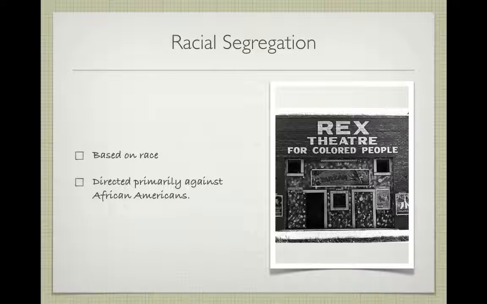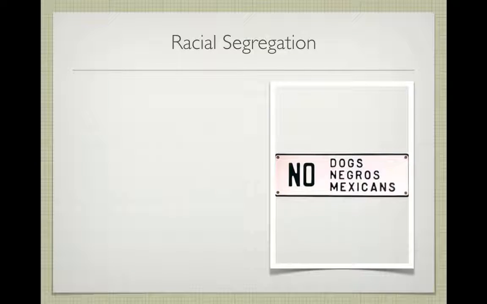The idea was to keep blacks and whites separate. There was a thought that if the two mingled, there would be issues between both of them, and they would never get along. And that was a case of long, drawn-out tradition of racism. This time period of Jim Crow lasted up until the 1960s.